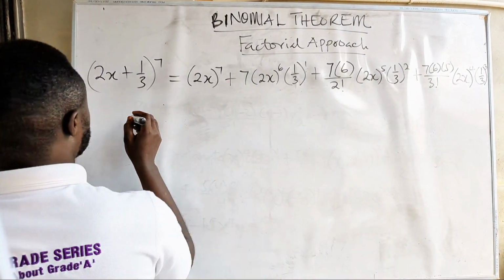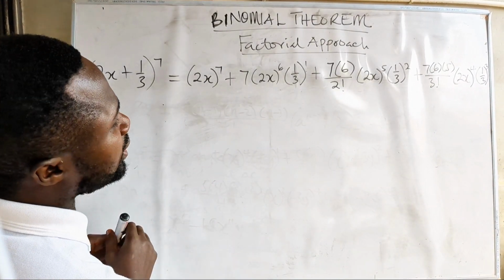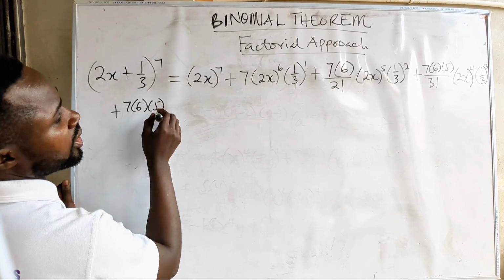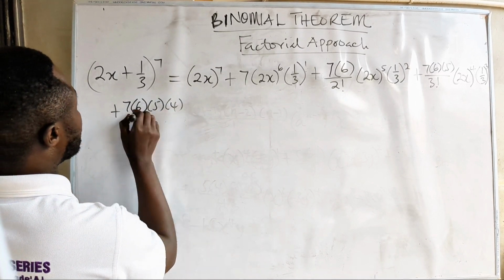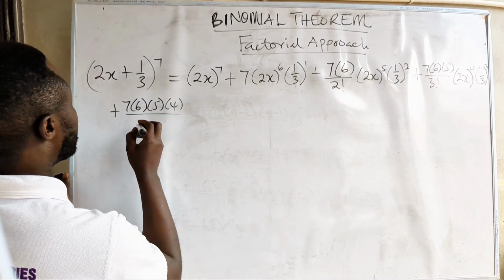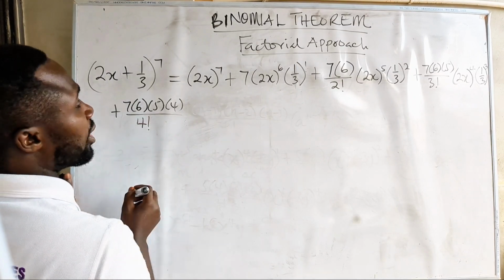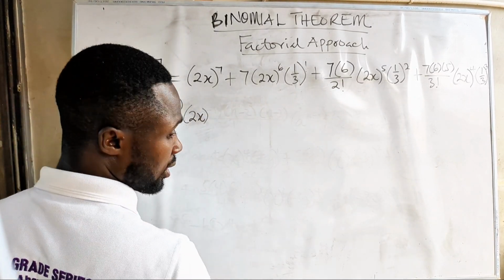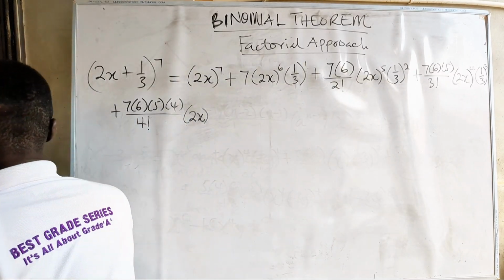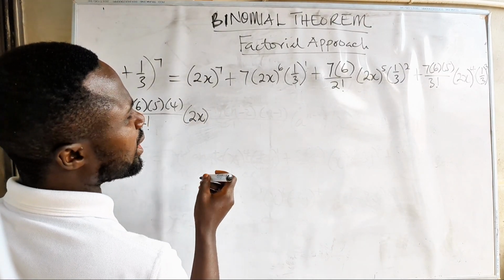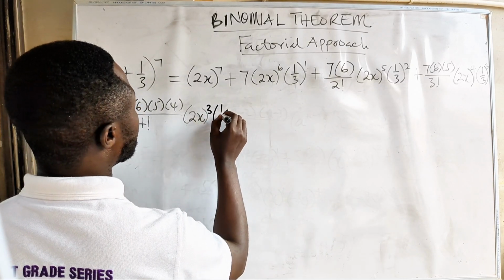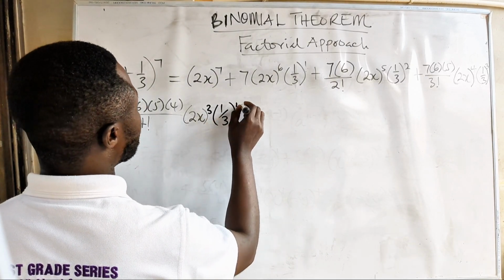Alright, plus, let's continue. 7 times 6 times 5 times 4, all divided by 4 factorial, then 2s exponent 3, then 1 over 3 exponent 4.